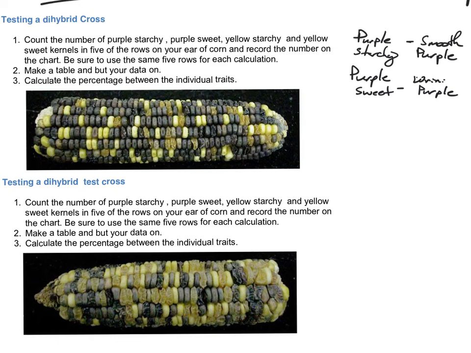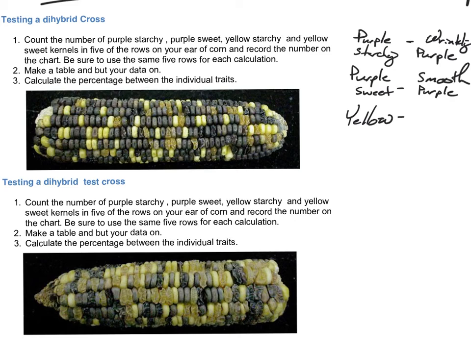Mm-hmm. And with the yellow starchy or yellow. Oh, I think I mixed these up, didn't I? We're gonna keep this the same. Purple starchy are gonna be wrinkly purple, and smooth purple are gonna be the sweet ones.